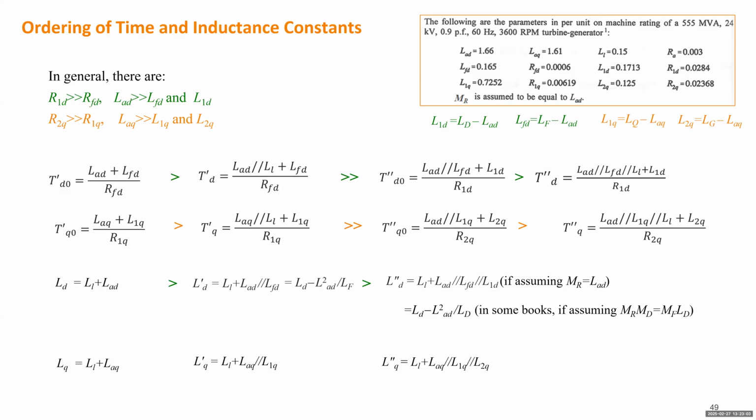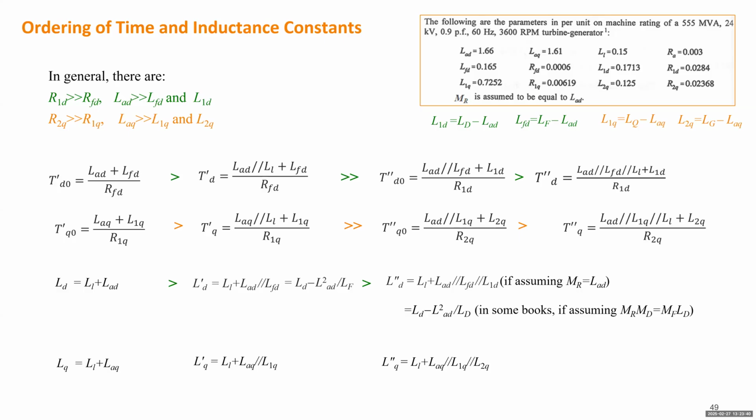So when we explain the meaning of, for instance, LD single prime and LD double prime, compared to LD: LD is basically just the total of the leakage inductance and the stator winding inductance. And LD single prime means you add another field winding, an additional winding from the rotor, that is faster. That will reduce LD to LD single prime. And if you further add another one, the first damper, you will get LD double prime.